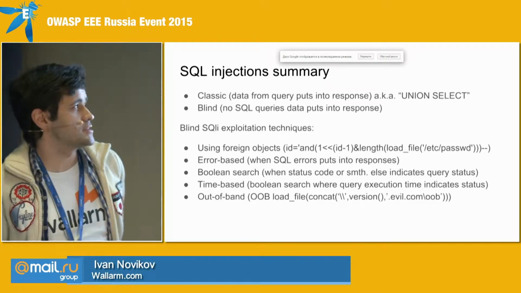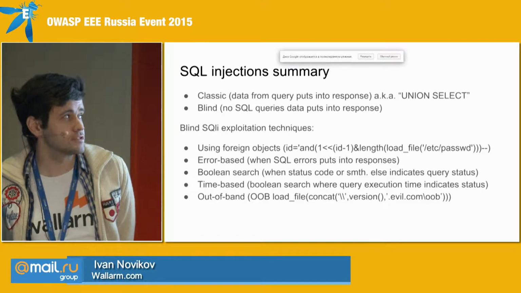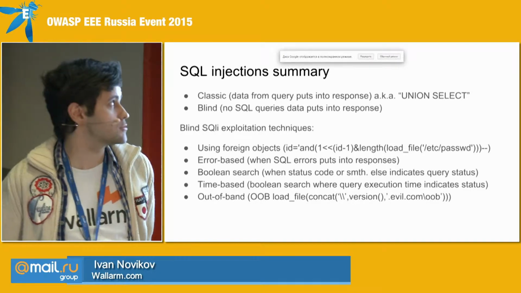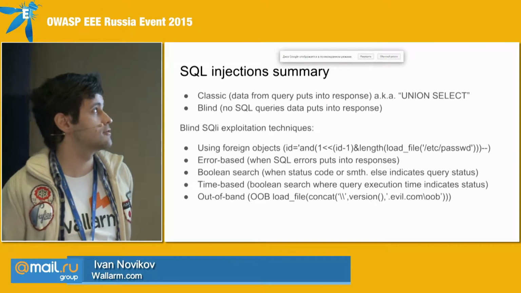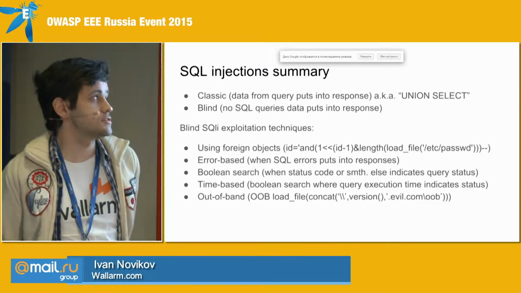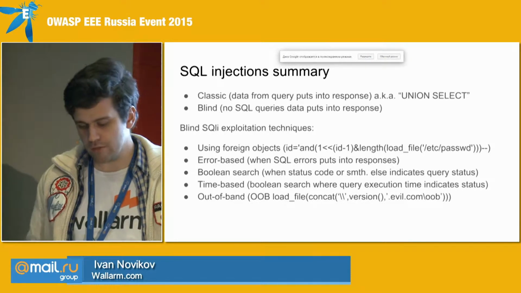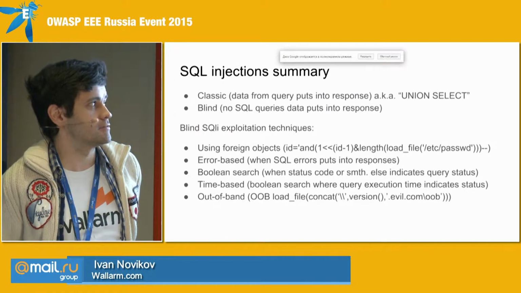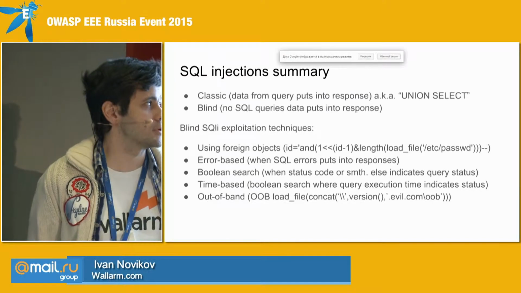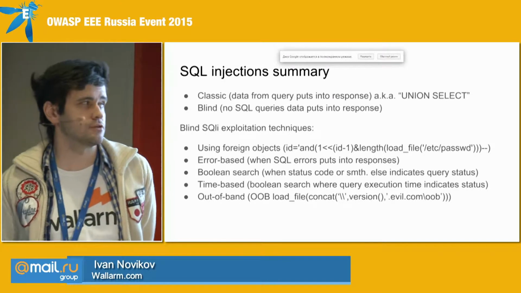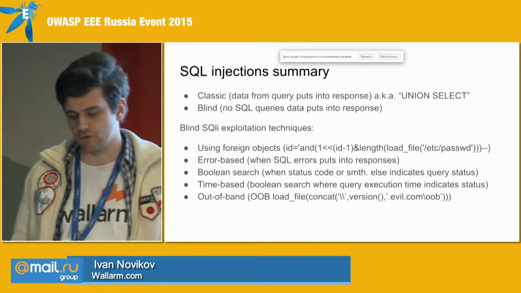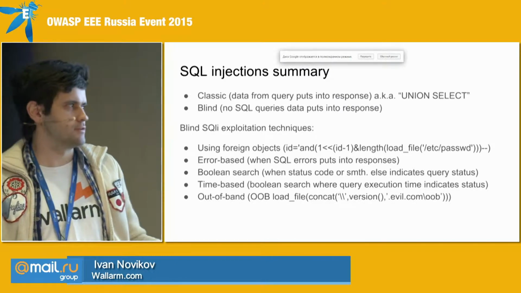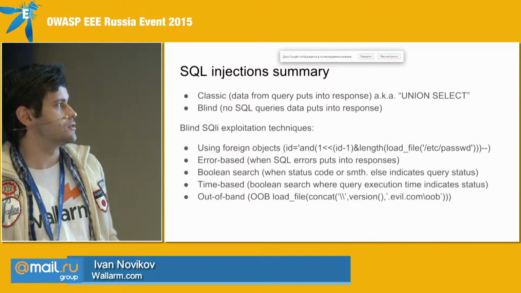The second way is error-based, when you can put interesting data from the database into SQL errors and read it from the server. It's a really nice and useful way, of course. And then there is Boolean search, the main way, and it's really nice to exploit anytime by Boolean search, when you can retrieve a status code or another indicator from the database and make a Boolean tree to read any data you want to know.